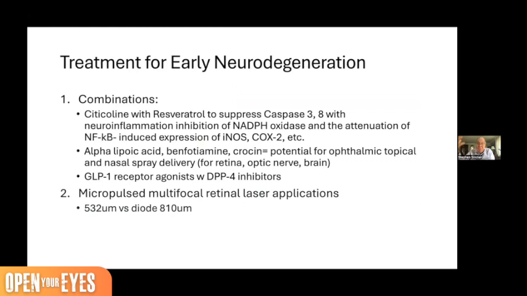But again, we have to find these early in the course of the apoptosis, not after the neurons have died and atrophied. Yeah, I did a great podcast on micropulse laser for people that are interested.